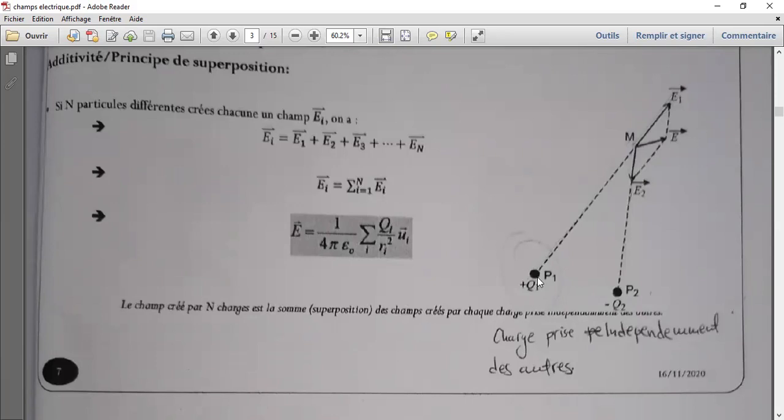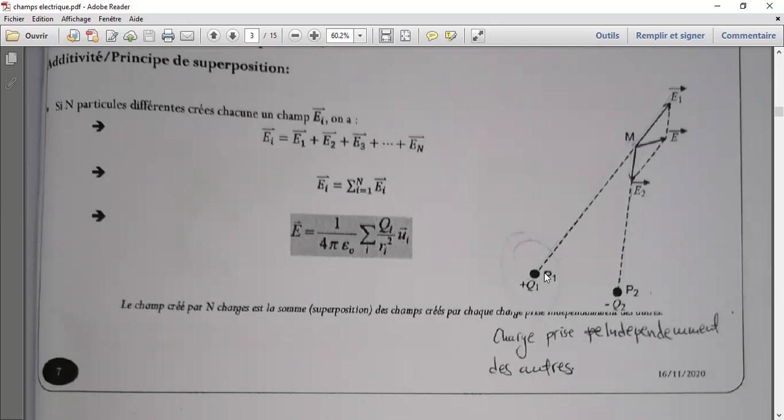Charge Q1 causes a force on point M, and charge negative Q2 causes a force on point M. So we have two sources which are causing a force on point M. For me to calculate its champ electric, I have to calculate the champ for Q1, and I also have to calculate the champ for negative Q2, because both of them are the sources.